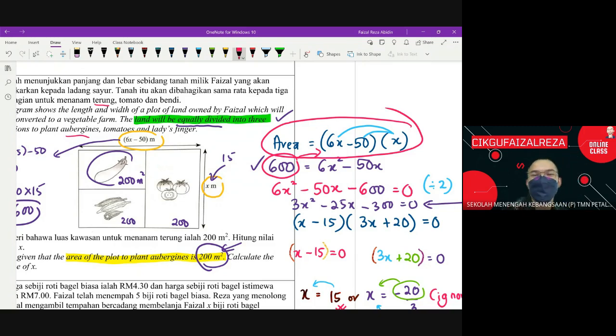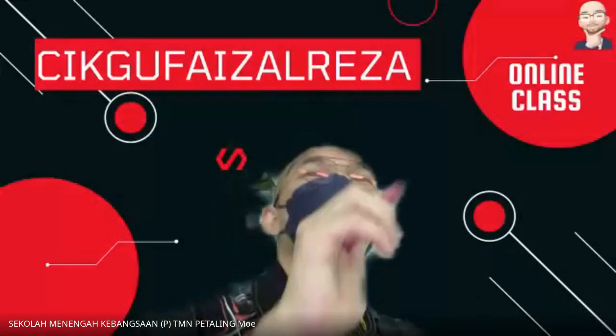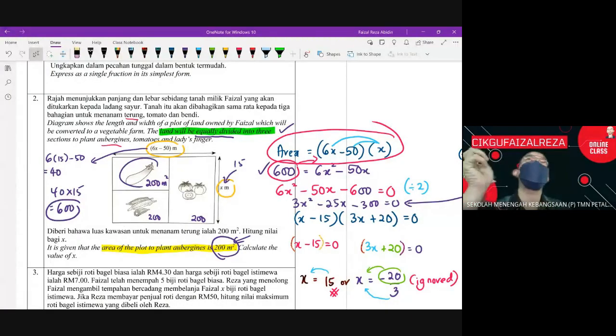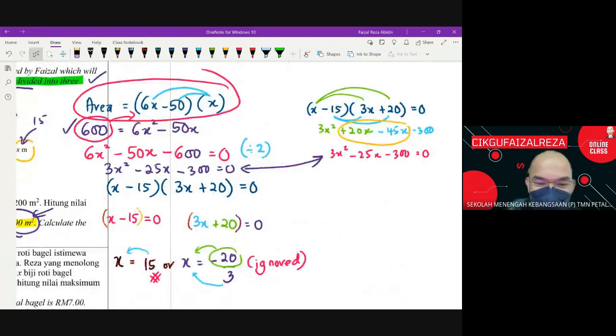Okay. Yes, this one is section C. You have to show the calculation. Did you ever hear about practice makes perfect? Please move aside, sir.